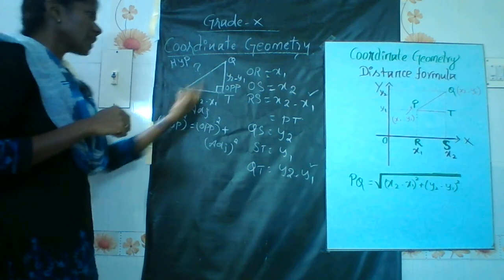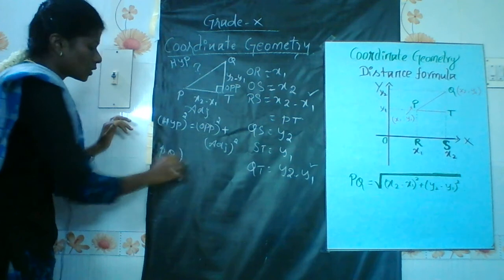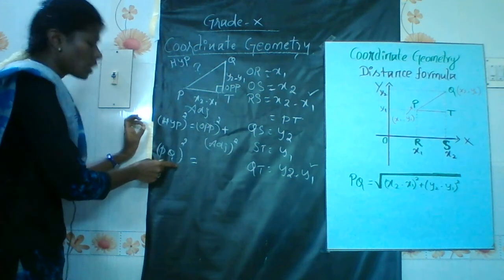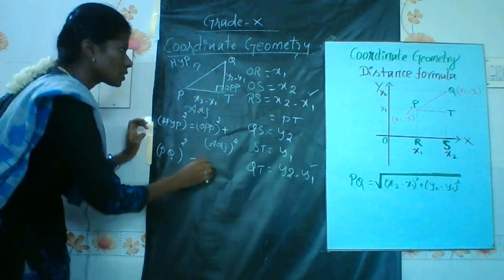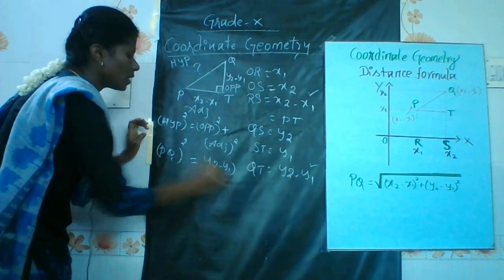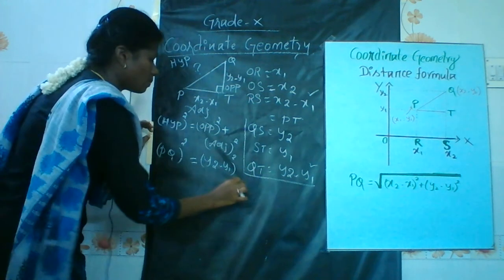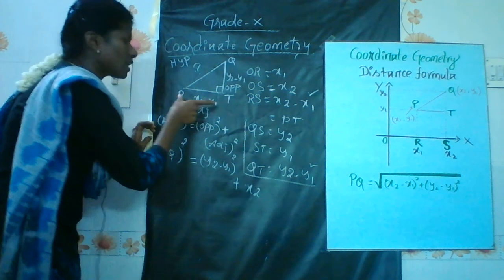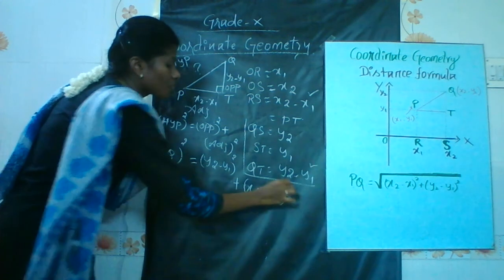So, I am taking the hypotenuse as PQ. PQ square. The hypotenuse part is PQ squared, and the opposite is QT. What is QT? QT is y2 minus y1 whole square, plus the adjacent square, that is the adjacent part PT, x2 minus x1 whole square.